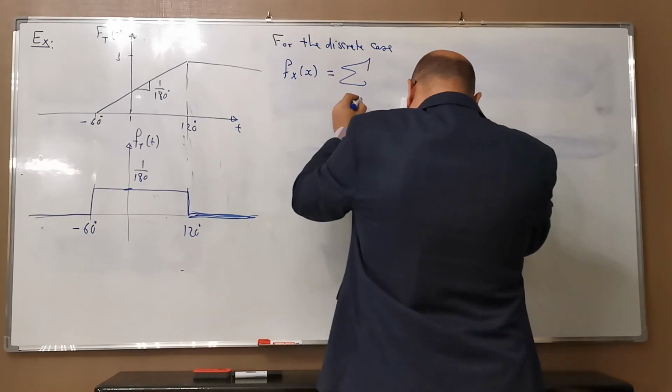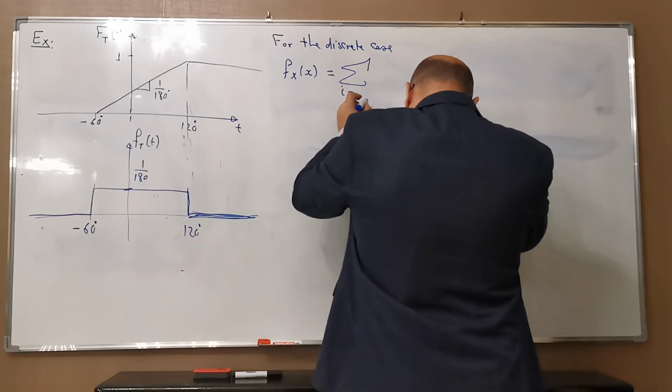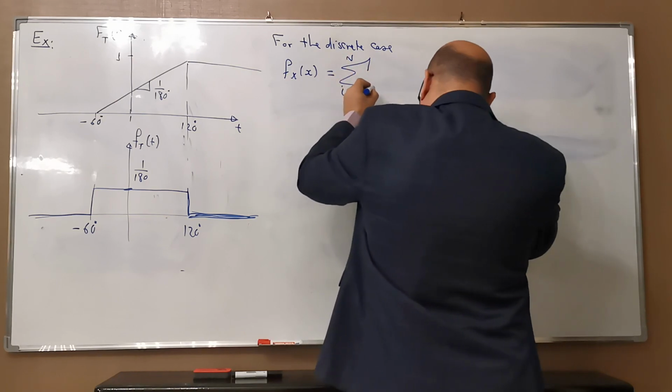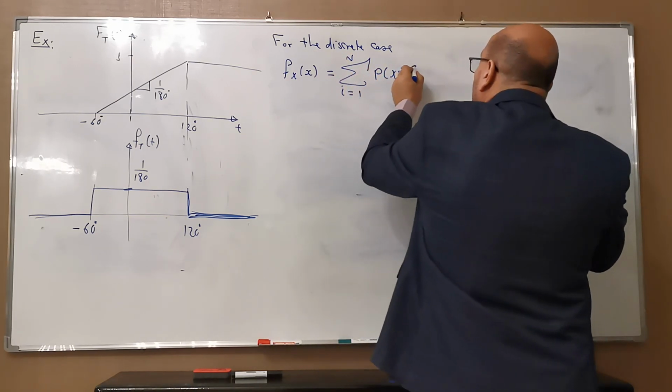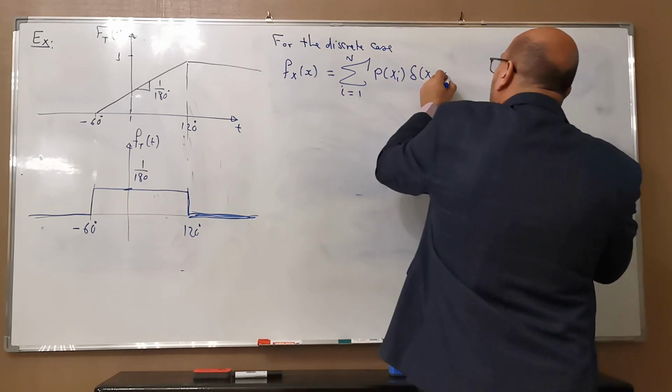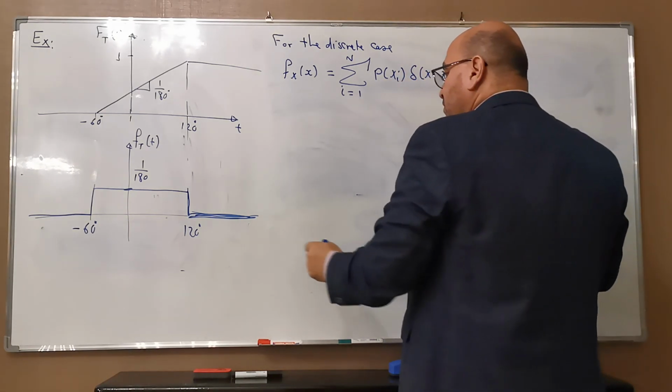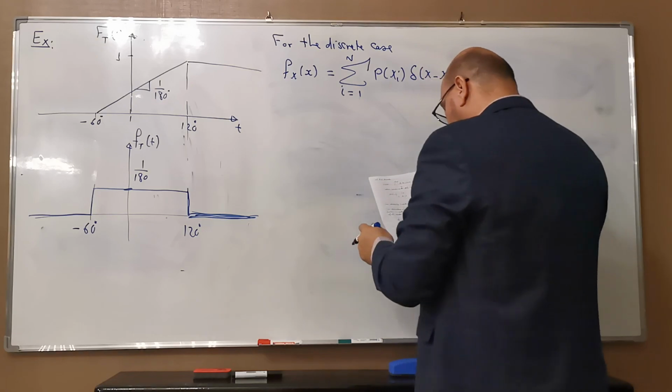So we end up with the sum from i equals 1 up to n of p of xi times delta of x minus xi. So you have impulses as we showed in the discrete example.